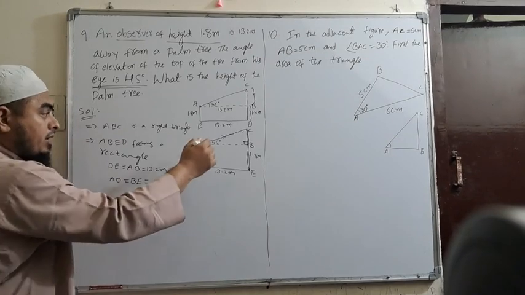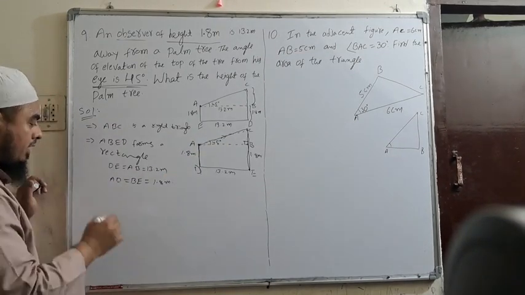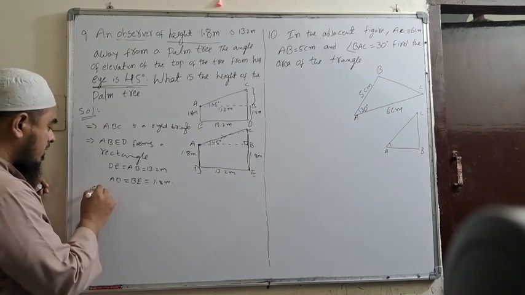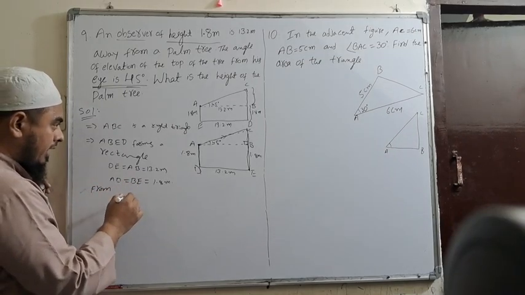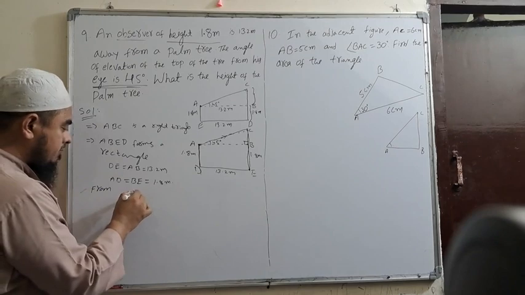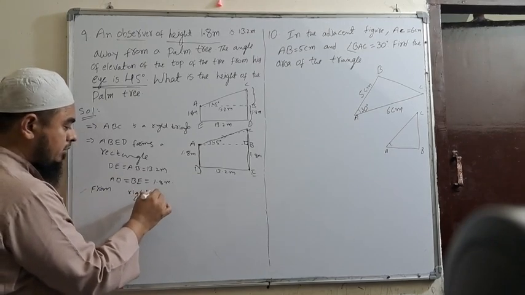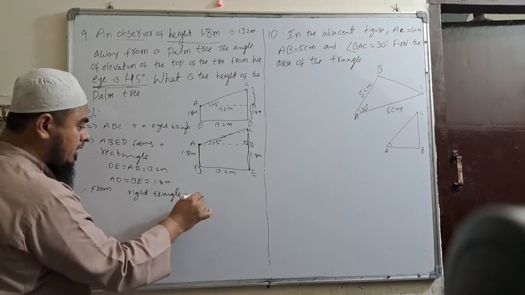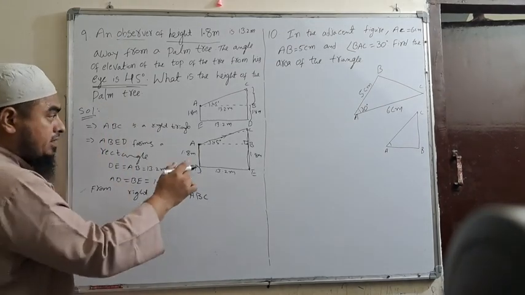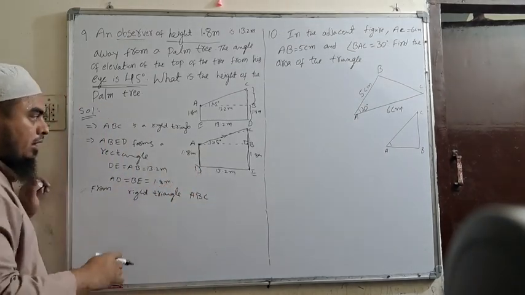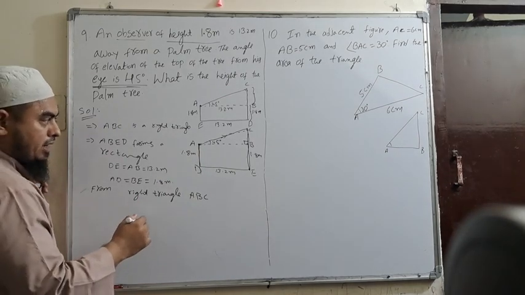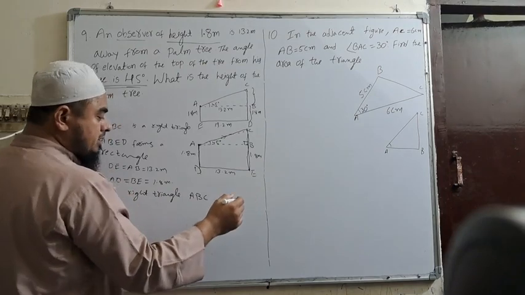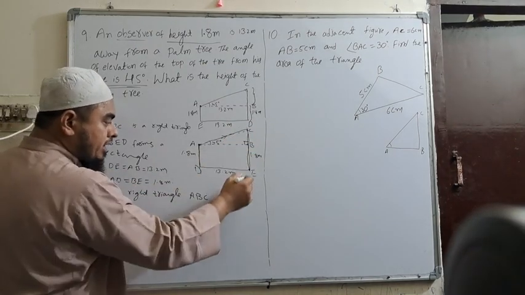Now consider the right angle triangle ABC. If you take the ratio, tan 45, what they are asking here is to find the height of the tree.